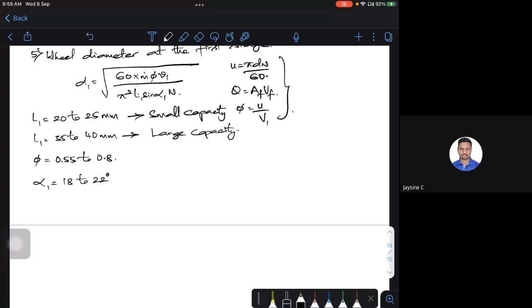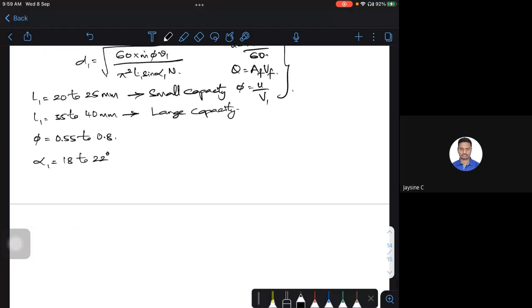The diameter of the last stage has to be roughly around 1.5 times your D1. It has to be slightly diverging, roughly around 1.5 times if you keep it. So that's a thumb rule.